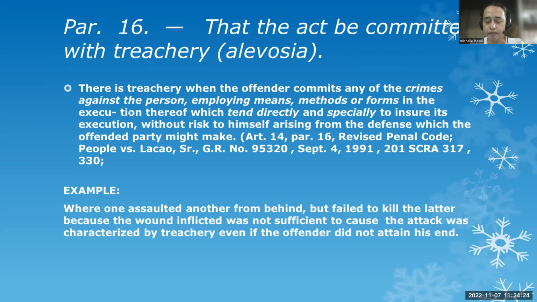So for example, where one assaulted another from behind but failed to kill the latter because the wound inflicted was not sufficient to cause death, the attack was characterized by treachery even if the offender did not attain his end.